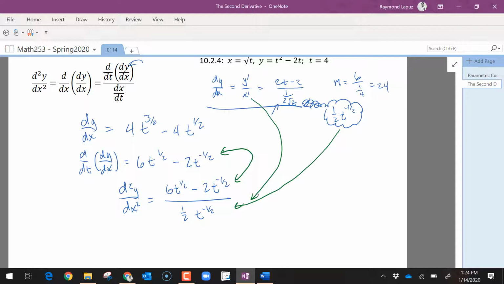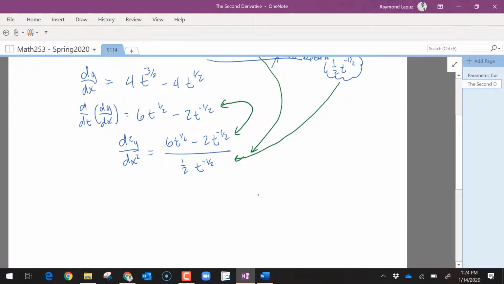Let's simplify, because let's actually check it to make sure that we got it correct. How will we simplify this?